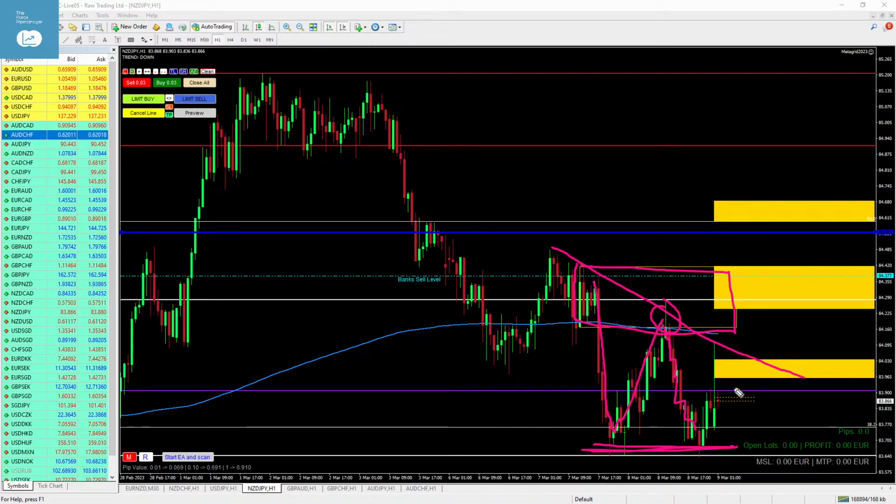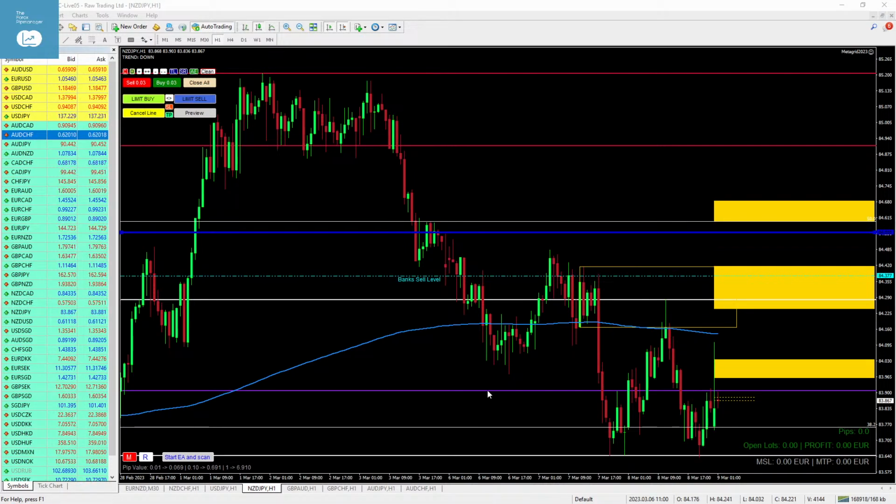But the problem for this W shape is that we have this line here. This here is a monthly line, and you see on this monthly line this W forms now. This is good and bad. If this monthly line does not hold as resistance, which it acts as at the moment, you can see it acted as resistance here and here, and this major spike.